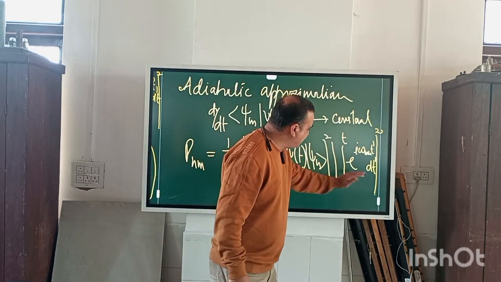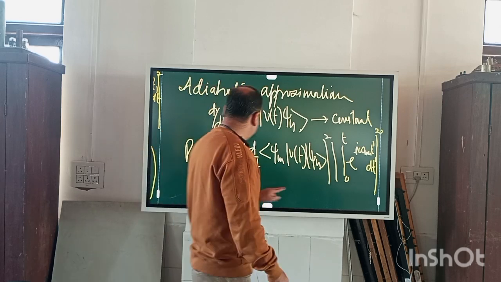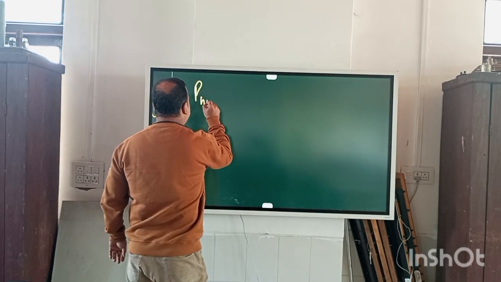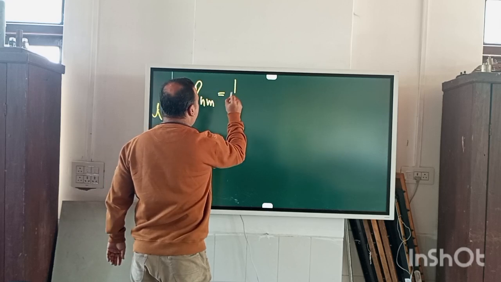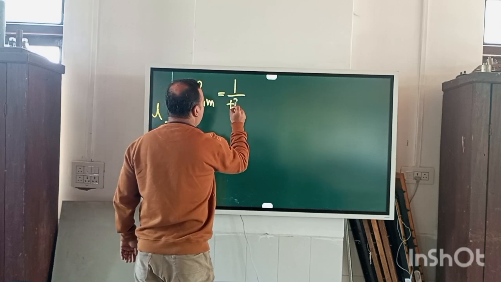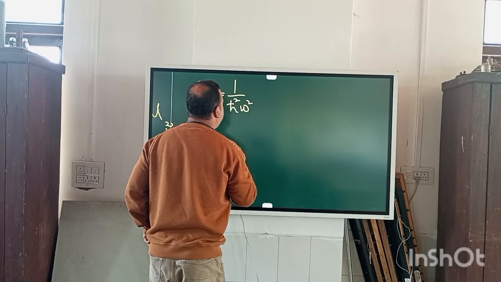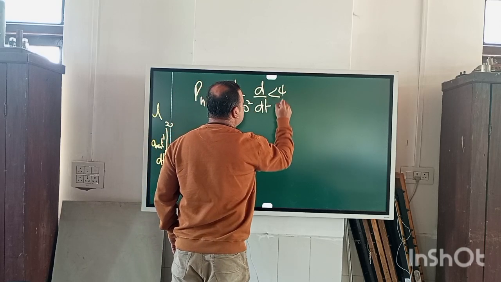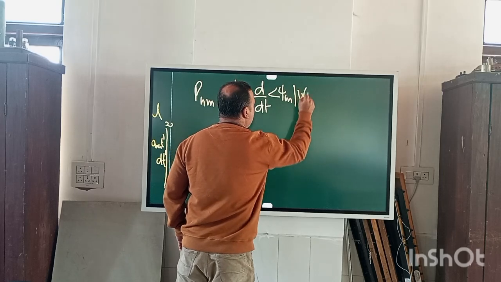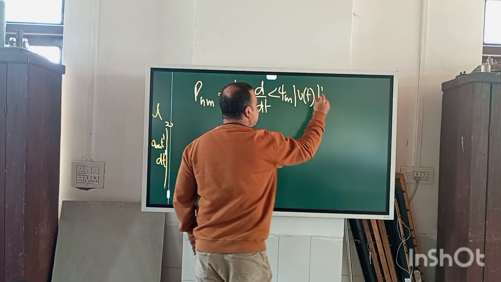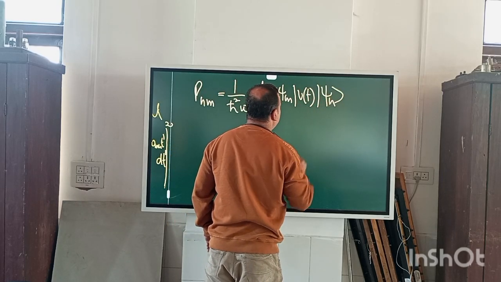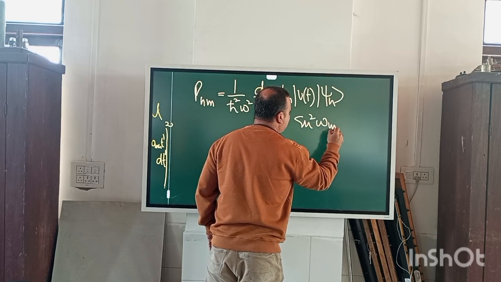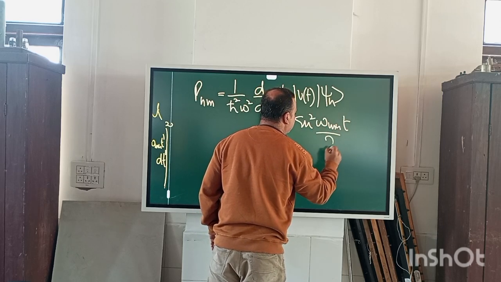The result of this integration is simply, if I write down P_mn, 1 by h cross squared omega squared, times d by dt of <psi_m|V(t)|psi_n>, then sine squared of omega_mn t divided by 2.